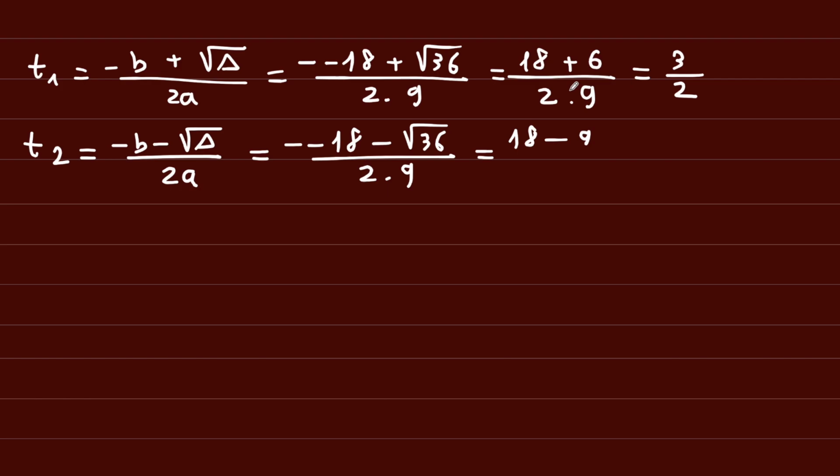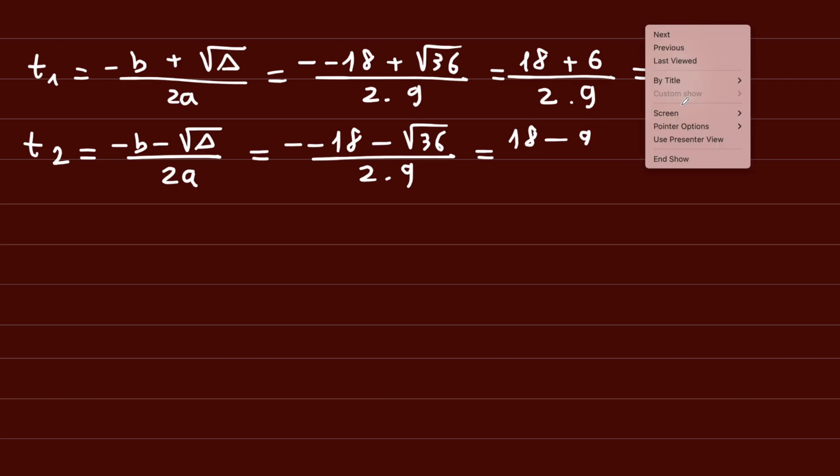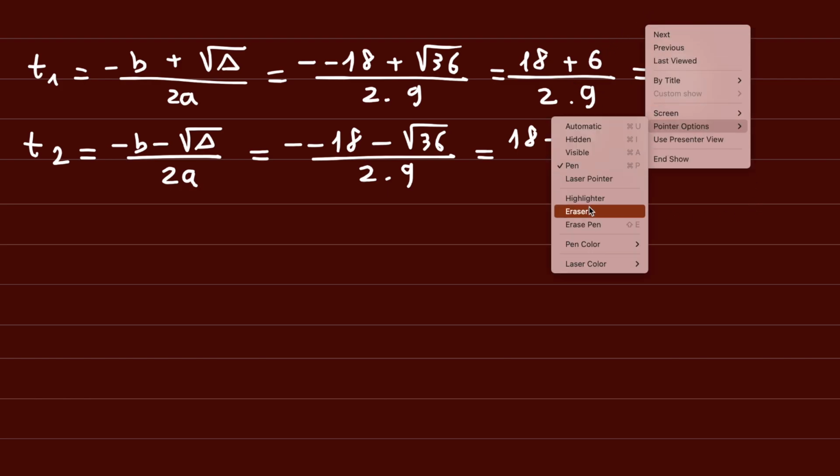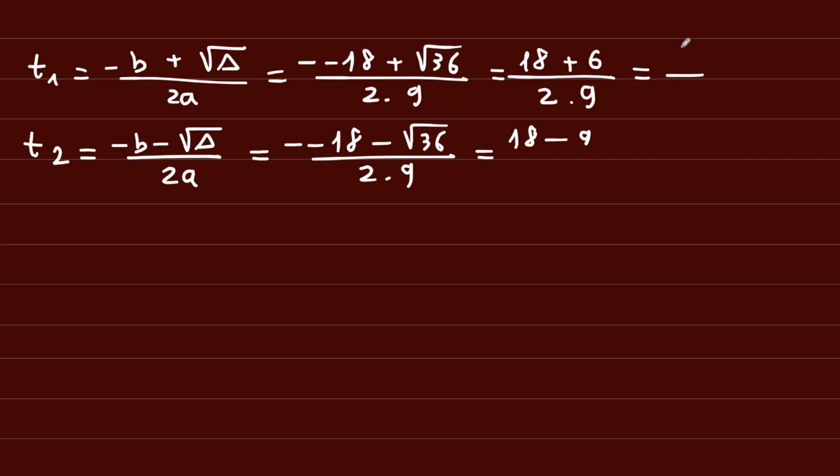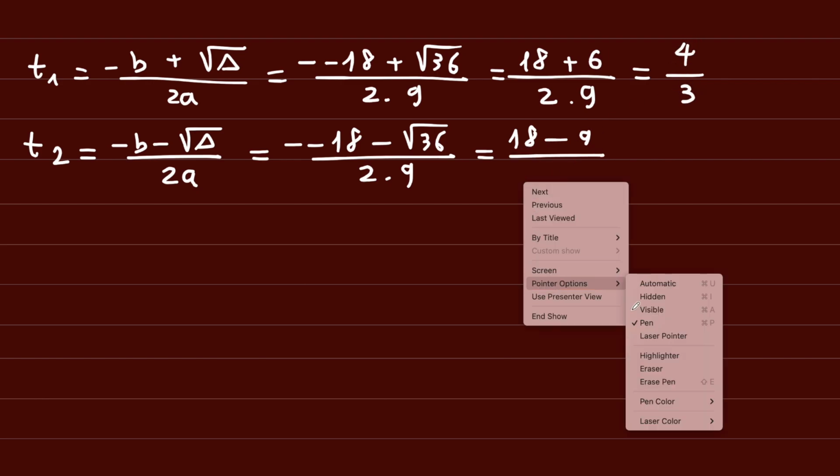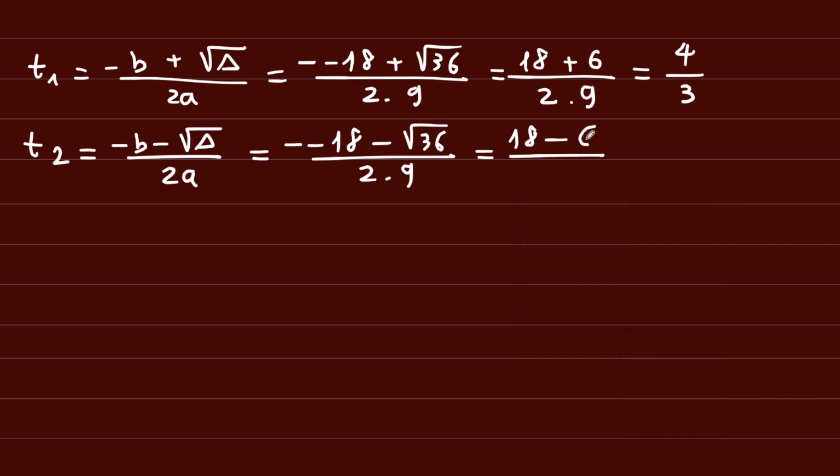And of course for this case, you have 6 and here 2 times 9. 12 divided by 18, you get 2 over 3.